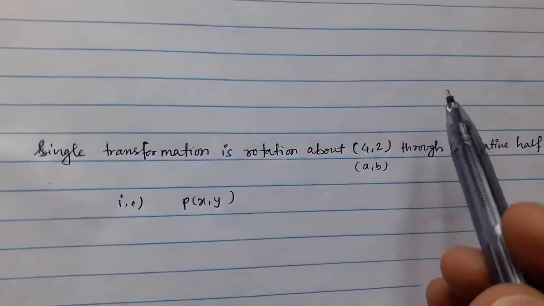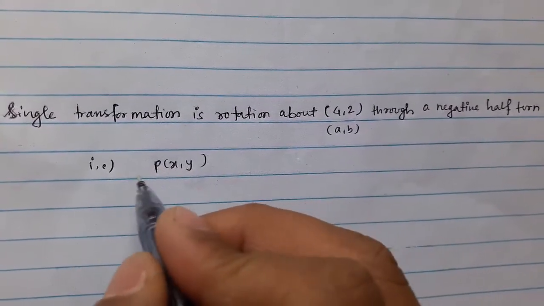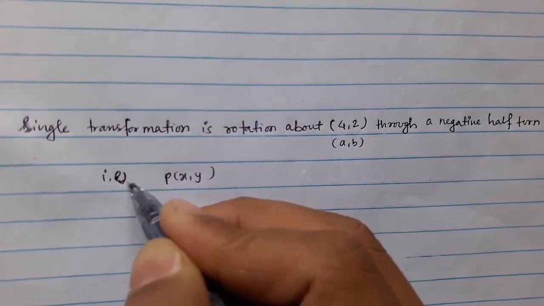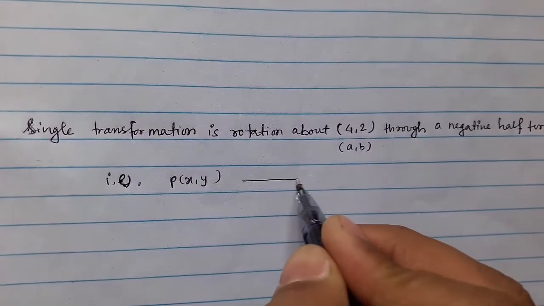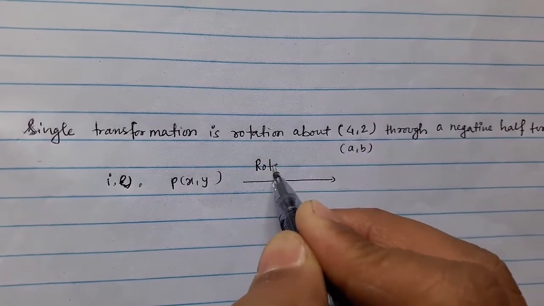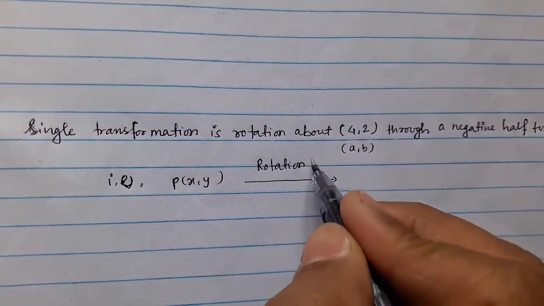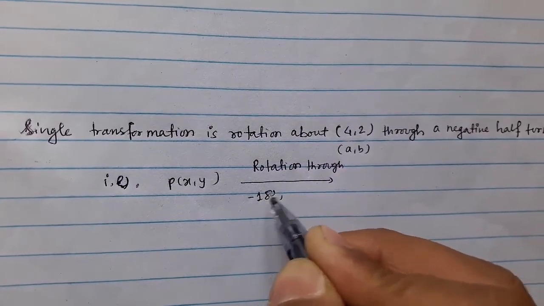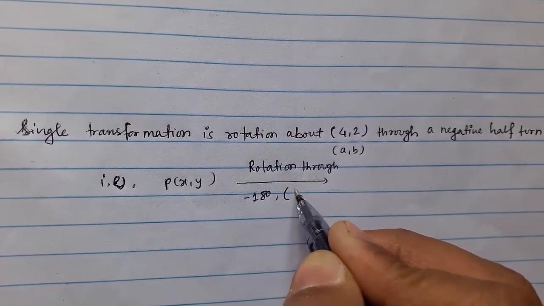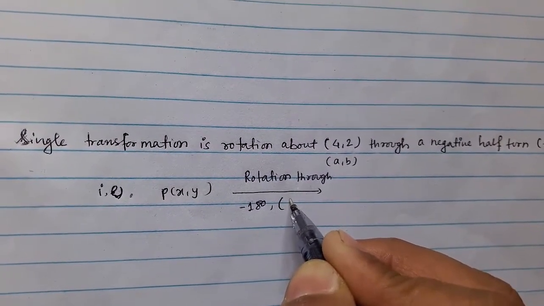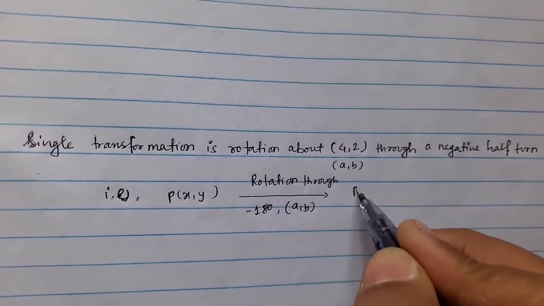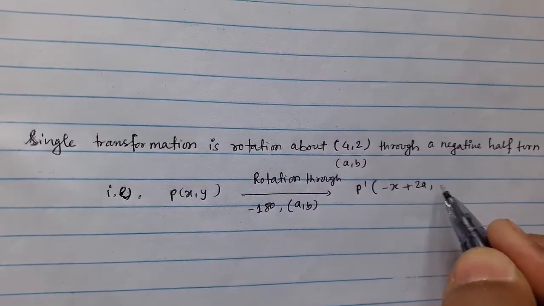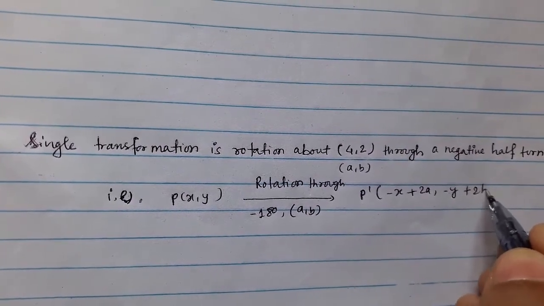Axes of reflection intersecting means the rotation through minus 180 having center of rotation (a, b) gives P dash: (-x + 2a, -y + 2b).